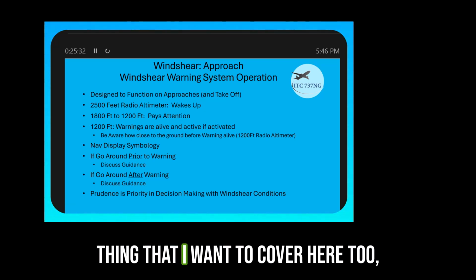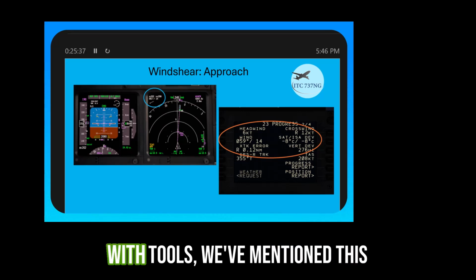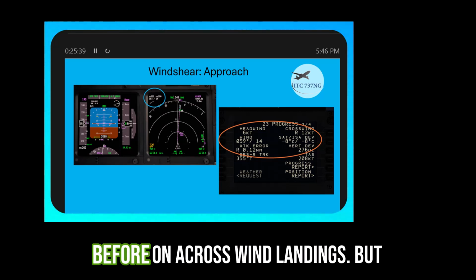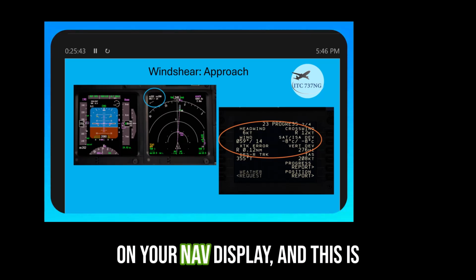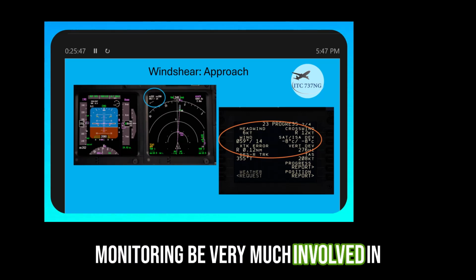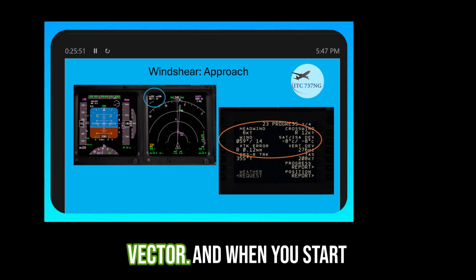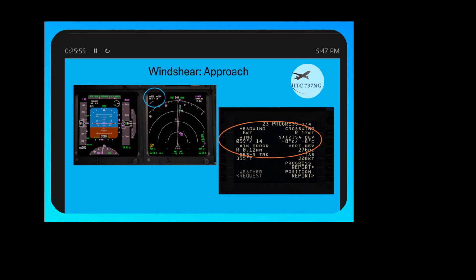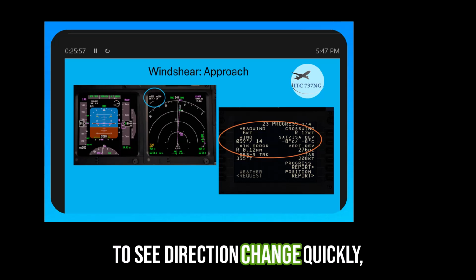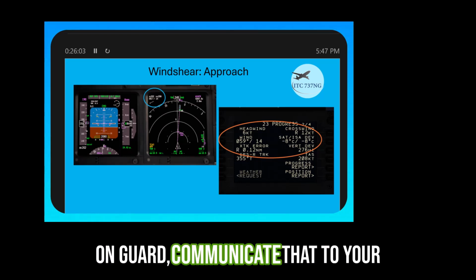Now, the thing that I want to cover here too, that is the last part that is helpful with tools. We've mentioned this before on crosswind landings, but on your nav display, and this is where I would suggest the pilot monitoring be very much involved in this. Constantly monitor this wind vector. And when you start to see direction change quickly, when you start to see velocity change quickly, be on guard.